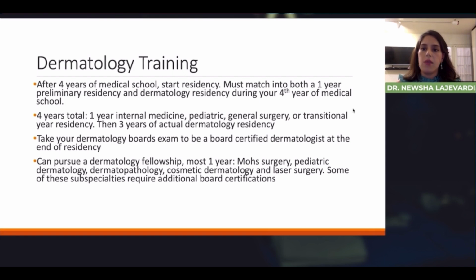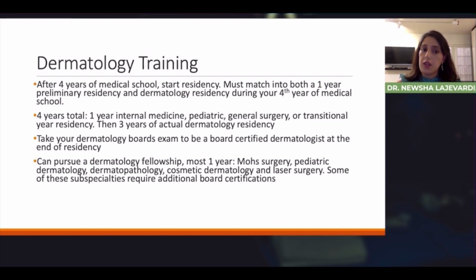And then I also just wanted to mention that even after dermatology residency, although dermatology is a highly specialized field, a lot of residents choose to pursue a fellowship. By and large, I would say most dermatology fellowships are 1 year. The most common are Mohs surgery, where you can become a Mohs surgeon, which I discussed at the beginning.